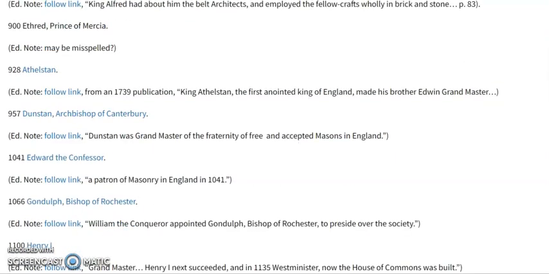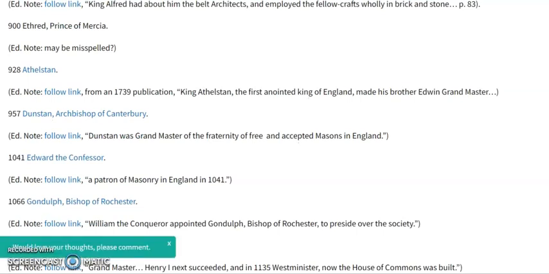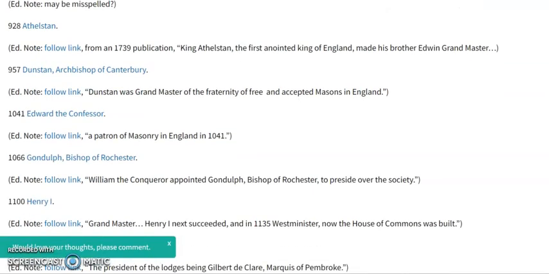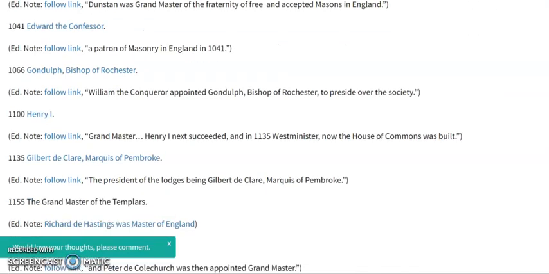A lot of fictional characters in as well, like St. Swithin, King Aethelstan, Dunstan.